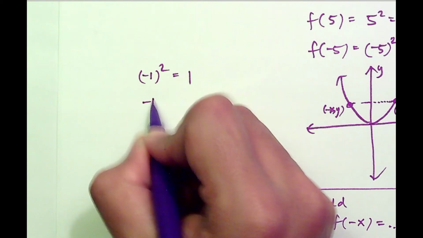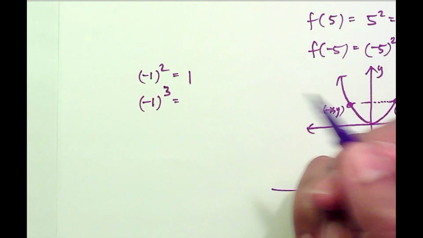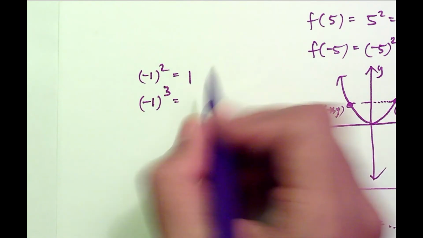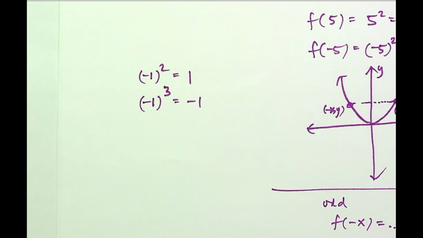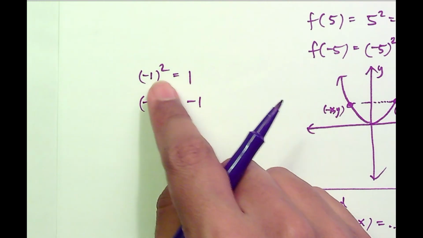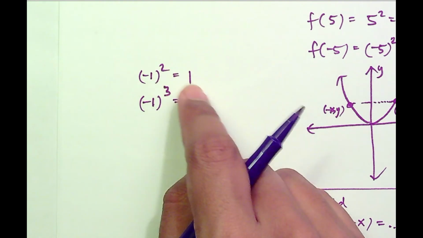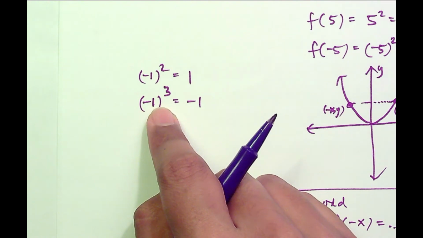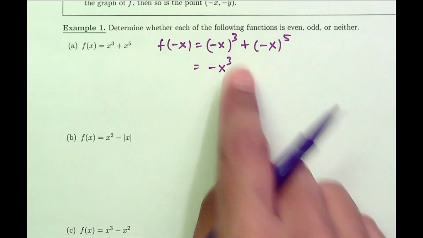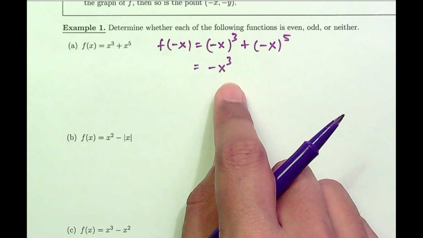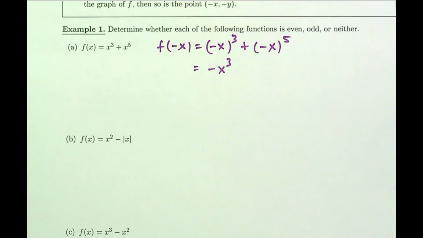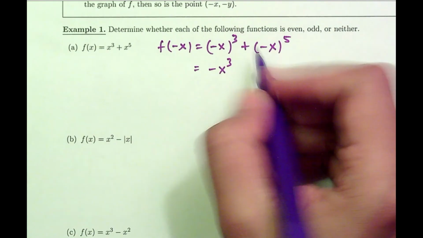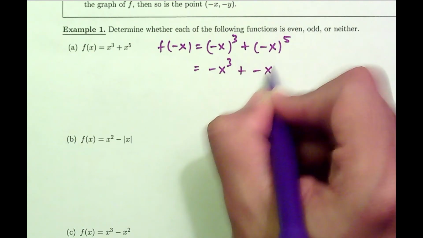But negative 1 cubed is negative 1 times negative 1 times negative 1, which is negative 1. So whenever you raise a negative number to an even power, you end up with positive, and whenever you raise it to an odd power, you end up with negative. That's why raising negative x to the third gives me negative x to the third, because it's an odd power. And similarly, this is going to be negative x to the fifth.